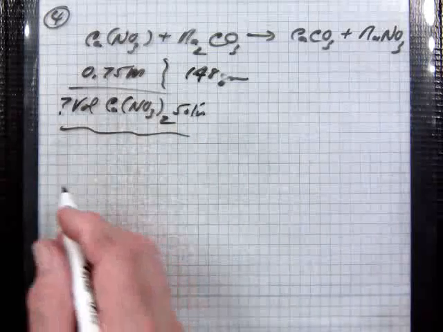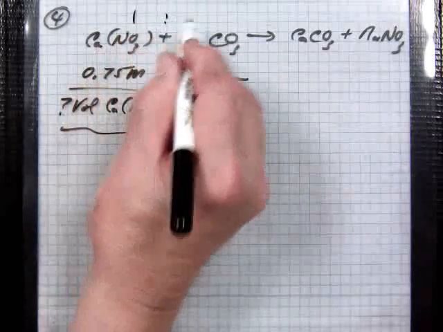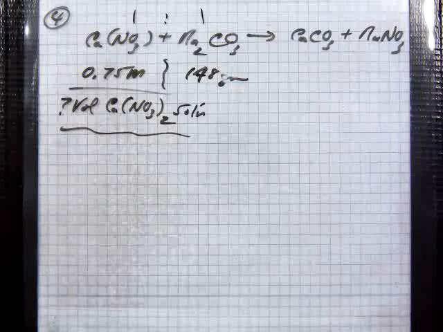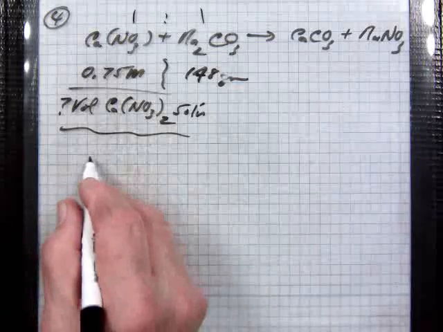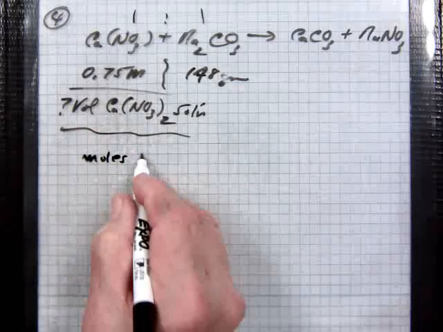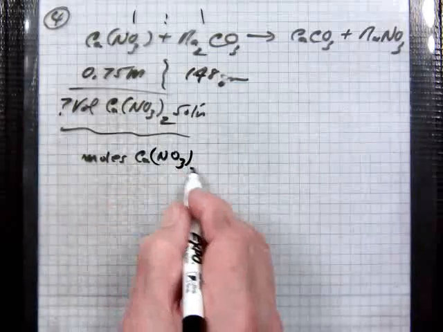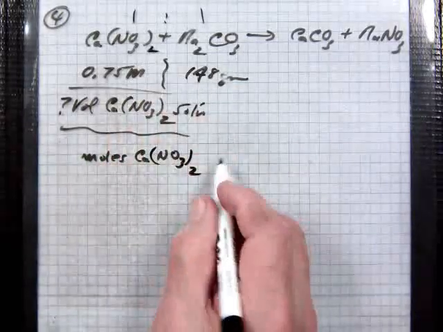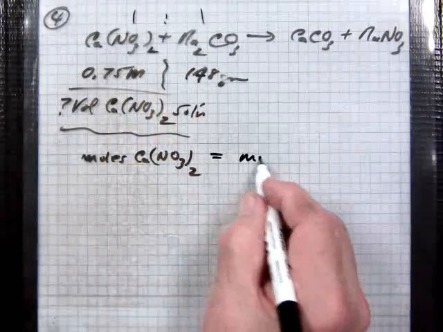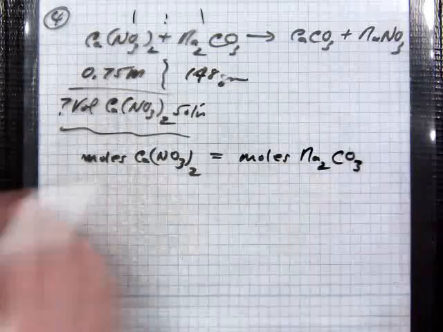The equation is already balanced, a 1-to-1 reaction ratio, so the moles of one equal the moles of the other. So we'll start out there in terms of moles of calcium nitrate, right there, is equal to the moles of sodium carbonate, right there.